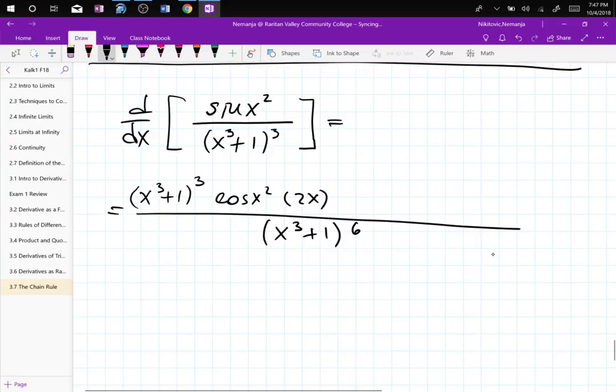So I need that 2x in a chain. Minus copy sine x squared, and then take the derivative of the denominator, which was 3 times x cubed plus 1 squared, times the derivative of the inside, which is 3x squared.